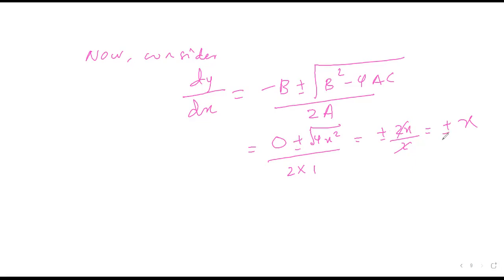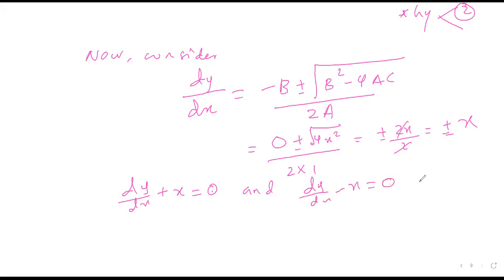The only thing you have to keep in mind is that if it is the hyperbolic case, you will have two solutions, so you have to be careful with plus or minus. So I will have my lambda 1: dy over dx plus x equal to 0, in one case, and another one, dy over dx minus x equal to 0. These are my characteristic equations.